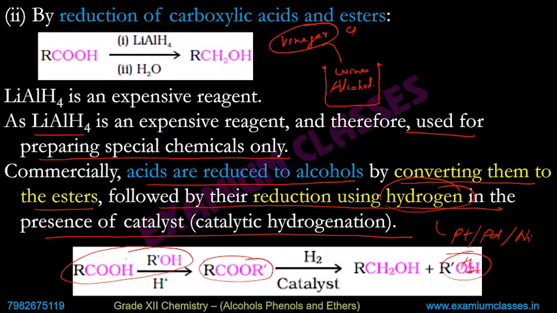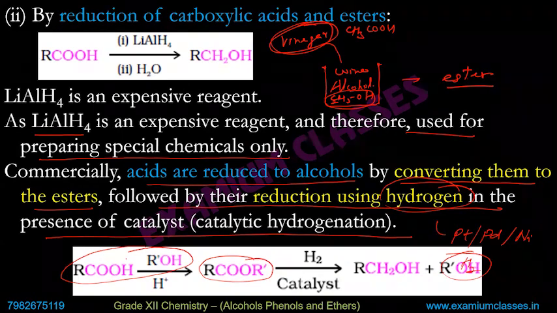Vinegar is acetic acid. What is alcohol? Alcohol is say C2H5OH. So when you get vinegar reacted with wine, you get ester. So you can visualize it to remember. So if alcohol is there in a glass and you add vinegar, you will get ester.